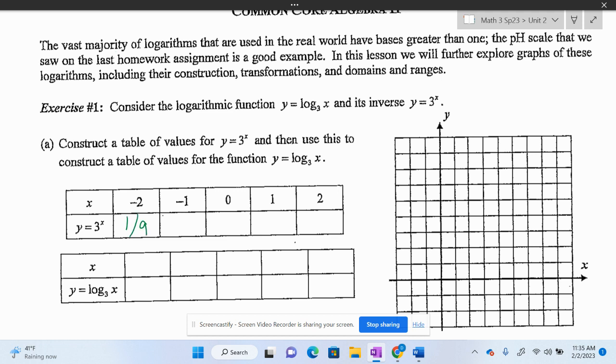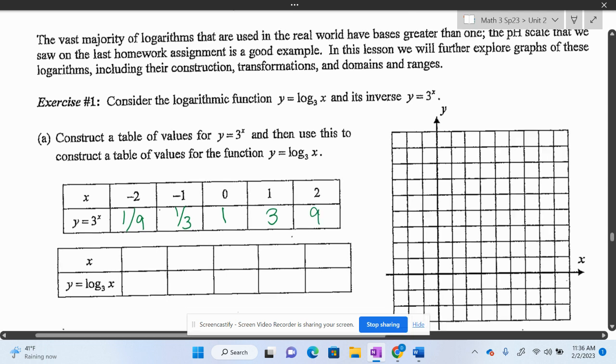Perfect. 3 to the -1 power is the same thing as 1 over 3. 3 to the power of 0, any number to the 0 power is 1. 3 to the first power is 3, and 3 to the second power is 9.